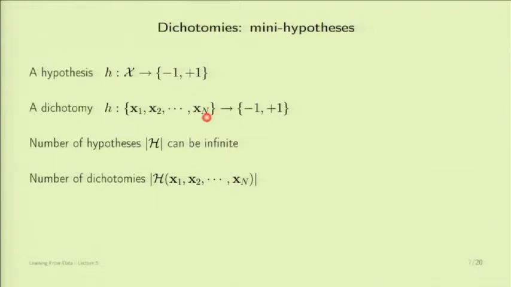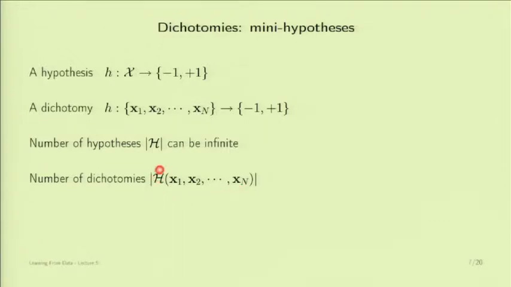That's not an unusual notation. Now, if you apply the entire set of hypotheses, capital H, to that, what you are doing is applying each member here, which is small h, to the entire vector. So each time you apply one of those guys, you get -1, -1, +1, +1, -1, +1, -1, etc. So you get a full dichotomy. And then you apply another h, and you get another dichotomy, and so on.